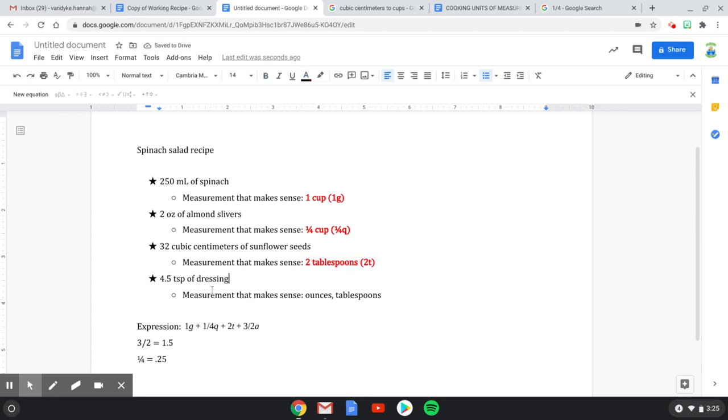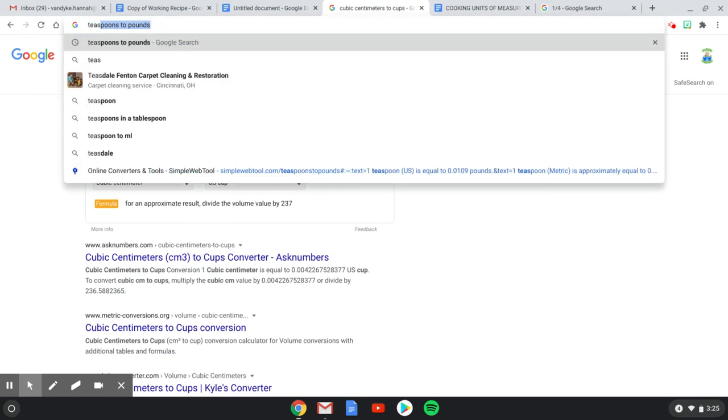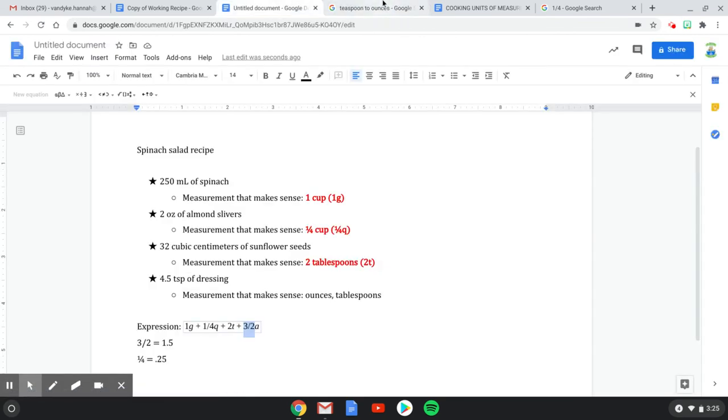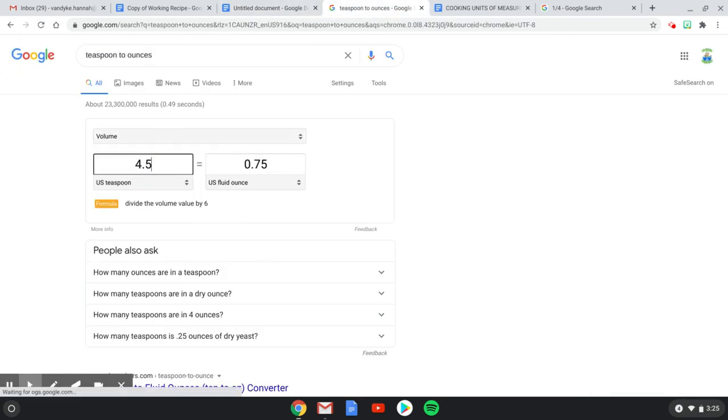Last one is the dressing, going from teaspoons to either ounces or tablespoons. 3/2 or 1.5 is the only term that I have left. So I need my conversion to match 1.5. So if I'm going from teaspoons to ounces, how many teaspoons was it? 4.5. That equals 0.75.